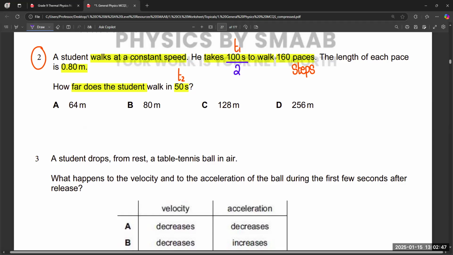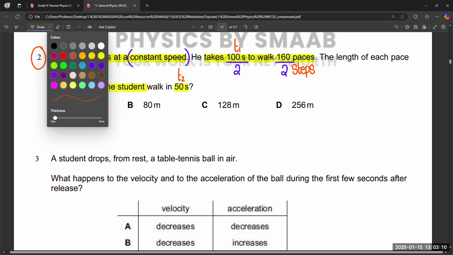So now the time is decreased to half and we are walking with constant speed. So if time decreases to half, what happens to the paces or steps? It also decreases to half, right? Yes. 160 divided by 2 will be equal to 80.